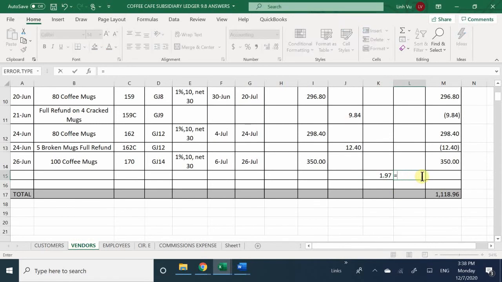So 296. And the check for invoice number 159 would be $294.83, and the other one was 296.